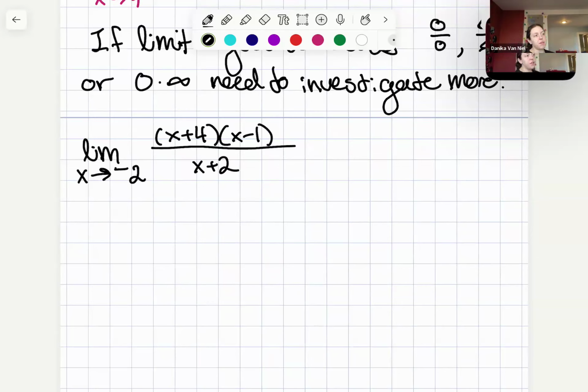So we do feel like we have to be suspicious, right? And unfortunately, we can't just split over division because the limit of our denominator is 0. Okay, well, let's find the limit of our numerator.